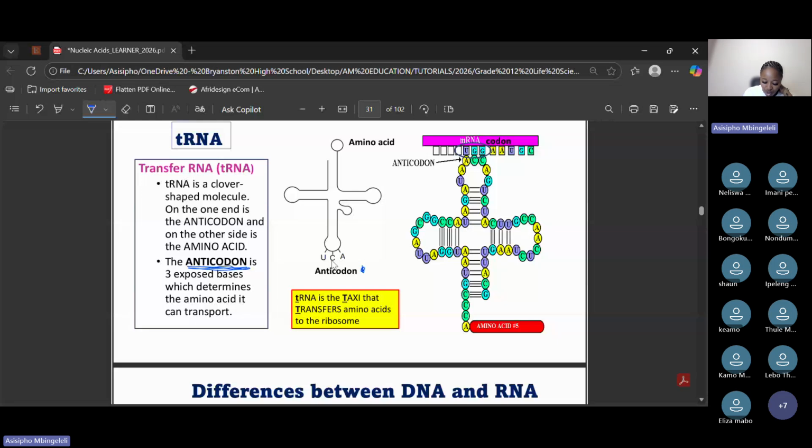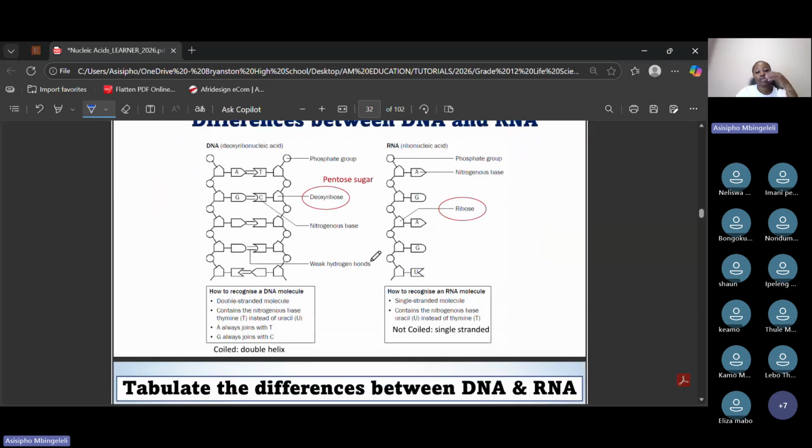U will be complemented by A, C will be complemented by G, and A will be complemented by U. So that means this AGU will then be part of our codons. My pen is also just acting up, but I think it's more important to listen to what I'm saying, so that at least you can read this codon. This is supposed to be codon. Okay, I'm trying to rush, but the terminology is fine now.